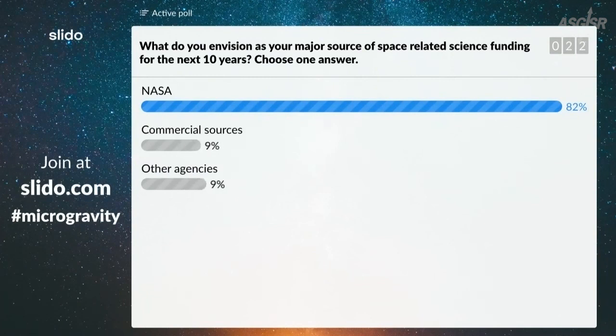This gets to a different part of the kind of things we're interested in worrying about as we consider the decadal. Where do you see your funding coming from over the next decade? You can see this one is technically different than the other ones in that you can only choose one answer.